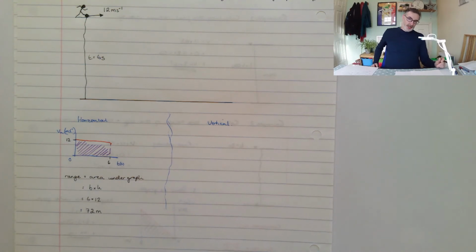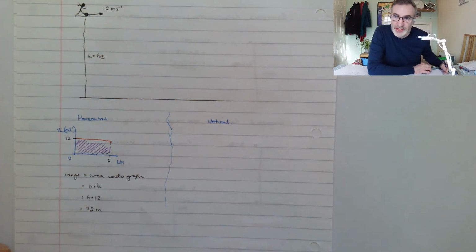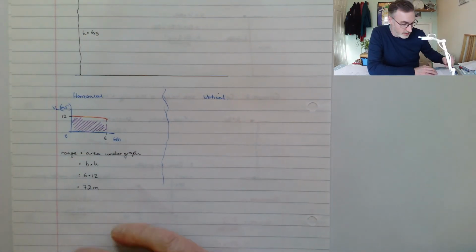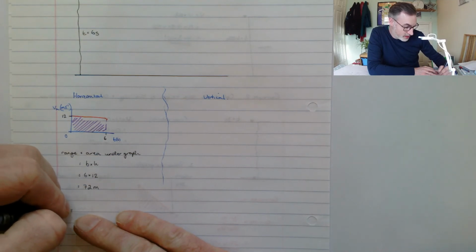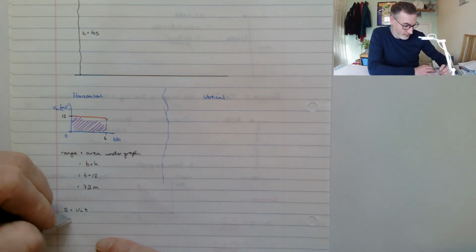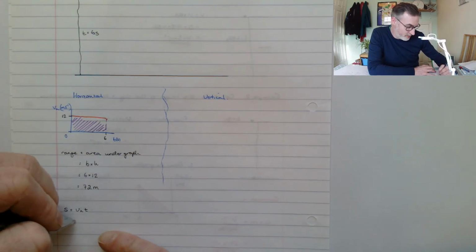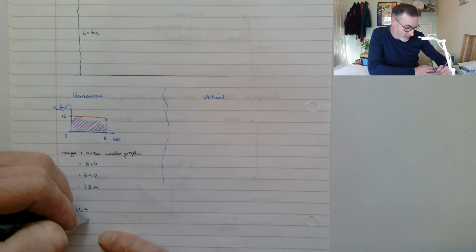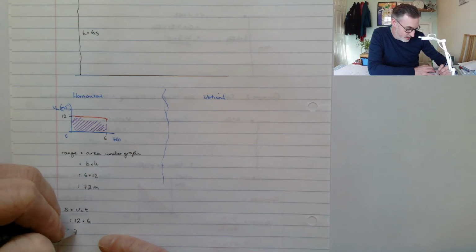72 meters. Now you would be absolutely bonkers to do that when you know full well that the horizontal range S is going to be VH times T, which is 12 times 6, which is 72 meters.